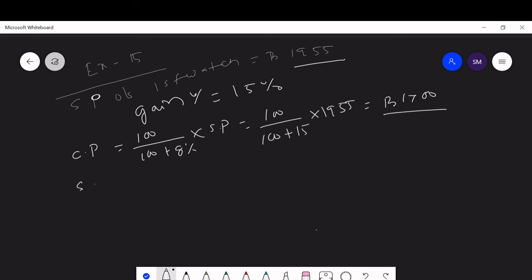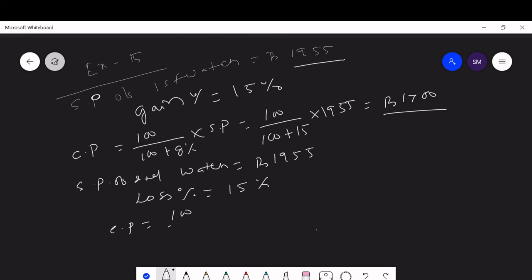Then in the second transaction, SP of the second watch is also 1955. In this case he has a loss percentage of 15%. Here also CP is equal to, according to the formula, 100 upon 100 minus loss percent into SP, which is equal to 100 upon 100 minus 15 into 1955.